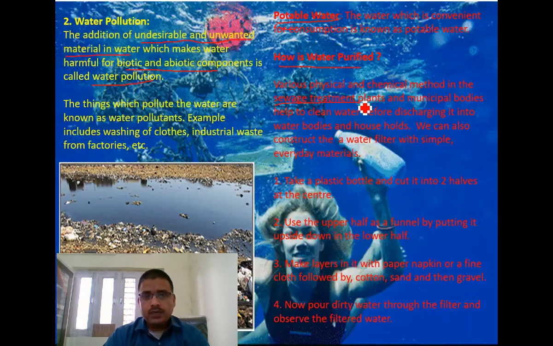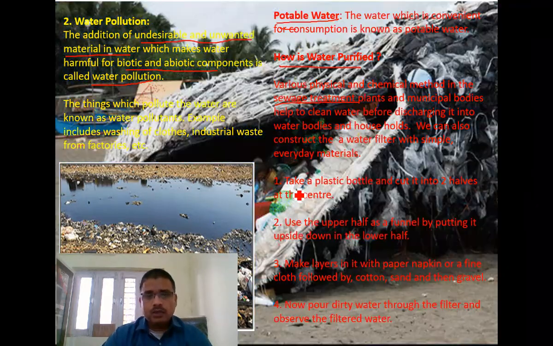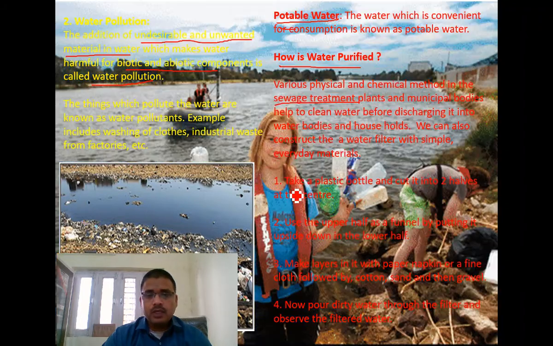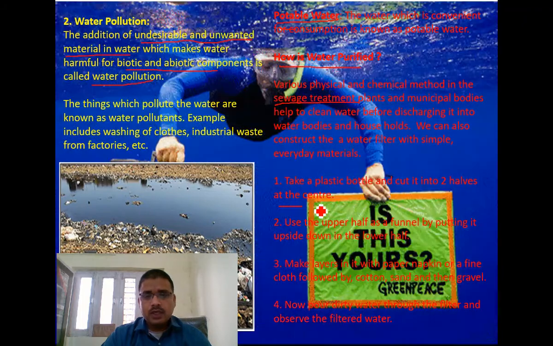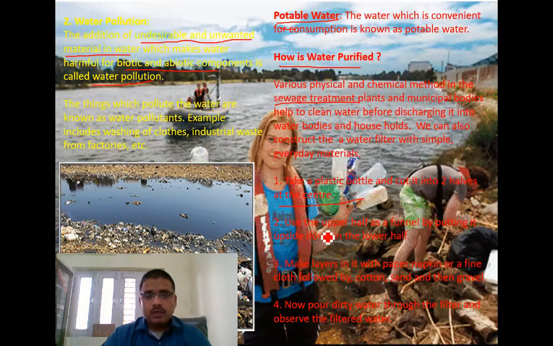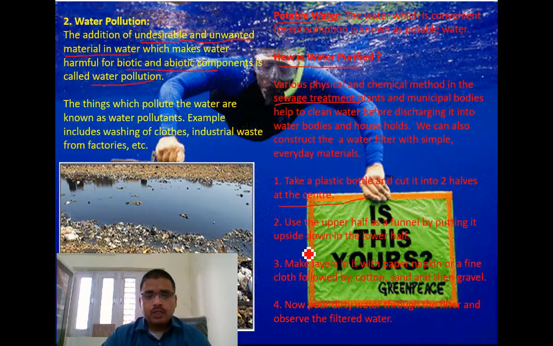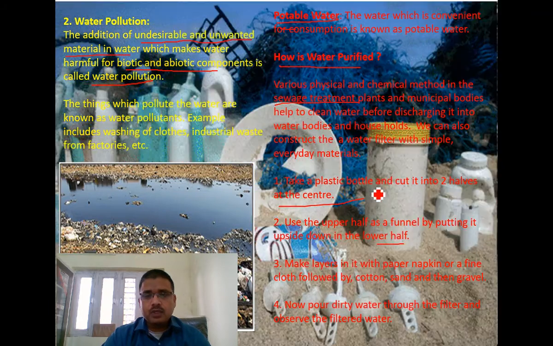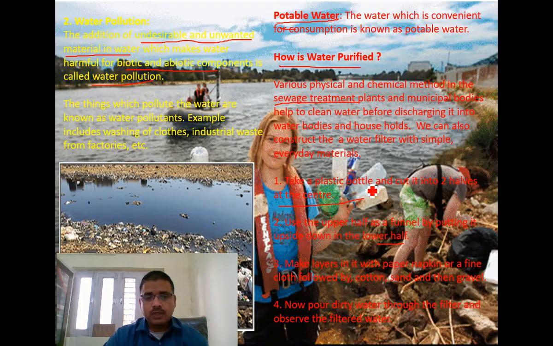Now here is a method by which we filter the water. Take a plastic bottle and cut it into two halves at the center. Use the upper half as a funnel by putting it upside down in the lower half. This is the technique by which we can make a filter.